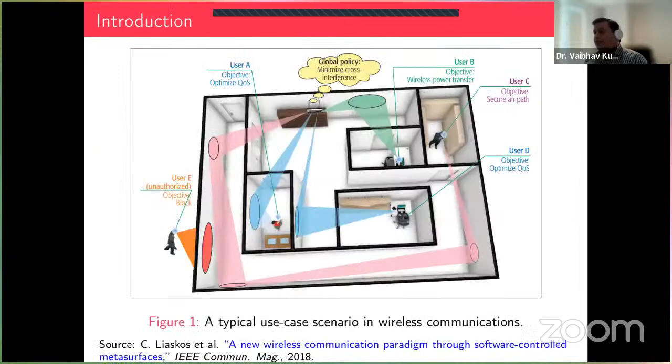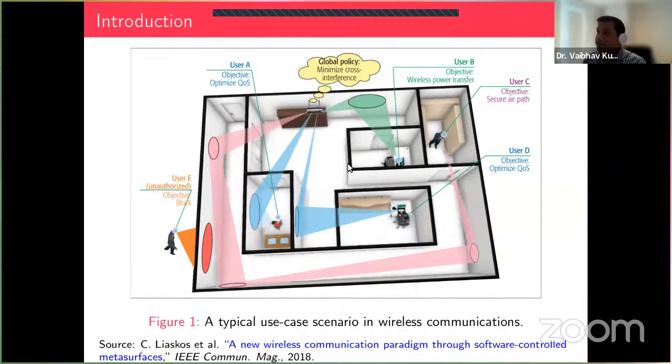So to start with, let's consider a typical use case scenario: a room or a house inside which we have an access point or a wireless router. And then there are different users which have different quality of service requirements or different applications, or different goals that they try to achieve.